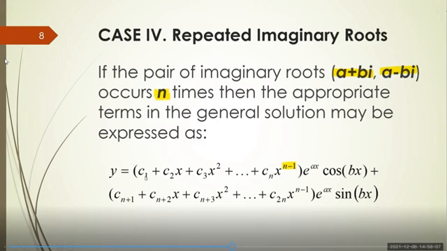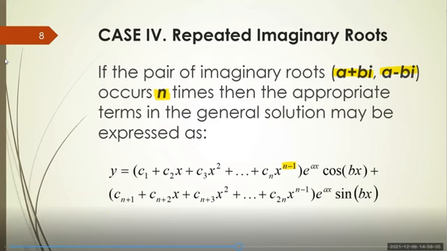However, you'll notice that the x does not appear in the first coefficient or the constant, and then it appeared in the next, and then it became higher, and so on until it became n minus 1. So the combination is Cn x raised to n minus 1, and then e to the ax cosine bx plus the other pair, which is for the sine.